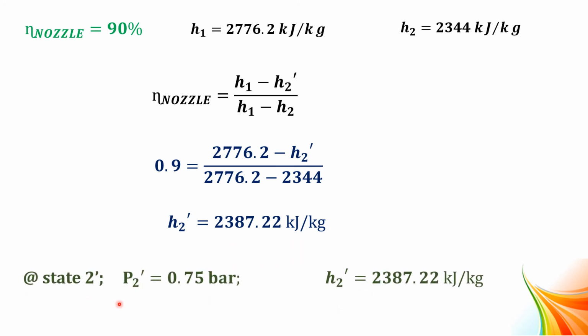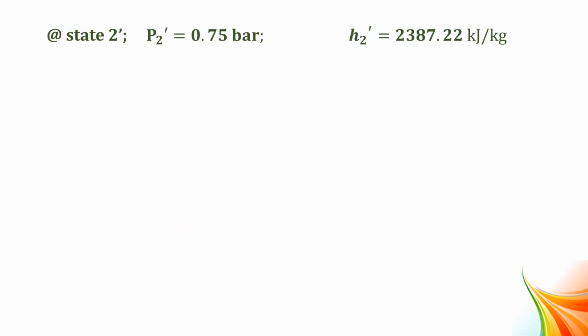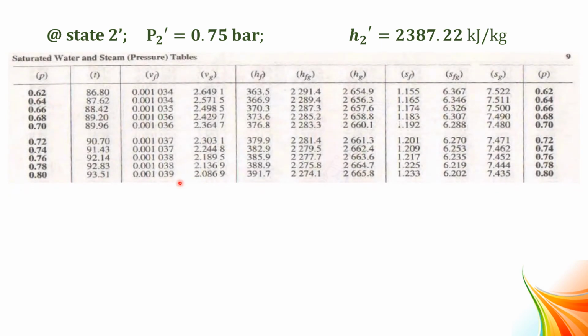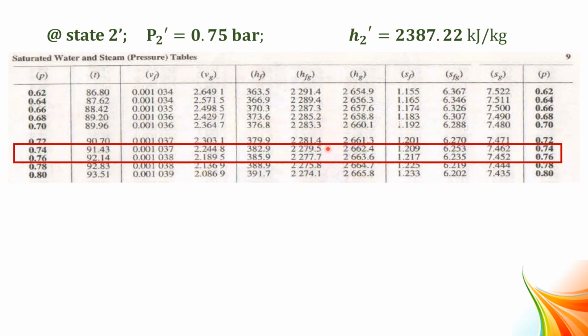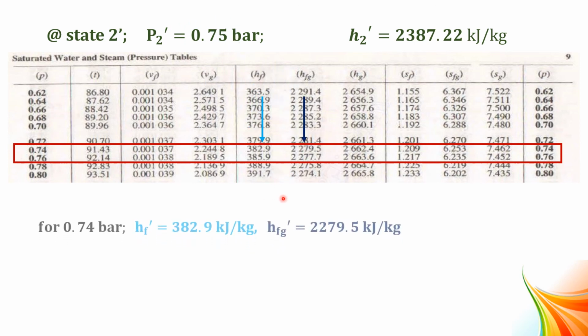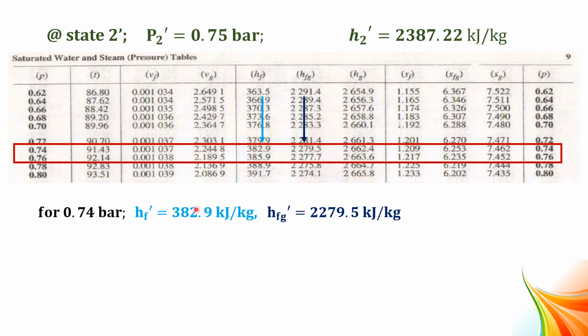Now at state 2 dash, the pressure P2 dash equal to 0.75 bar and the H2 dash value equal to 2387.22 kilojoule per kilogram. Now from the steam table, corresponding to pressure P2 dash 0.75 bar, we have to find out the values of HF and HFG. So here the value of 0.75 bar is not given in the steam table.